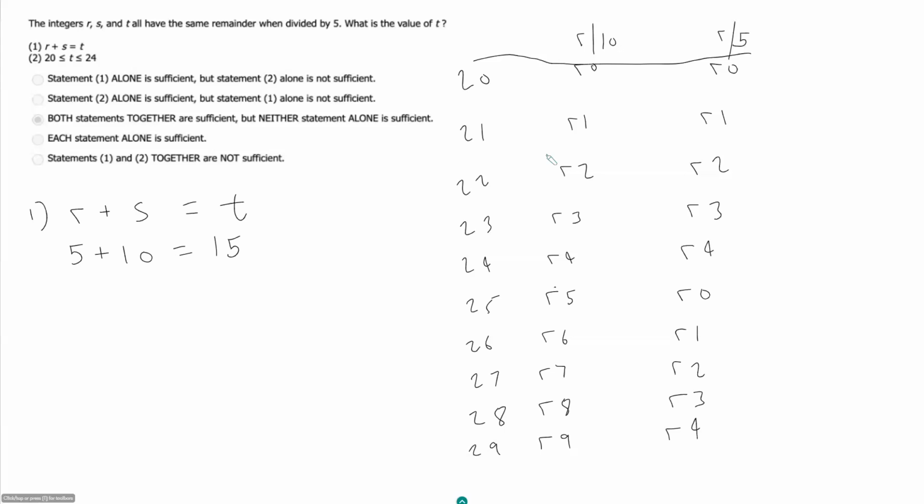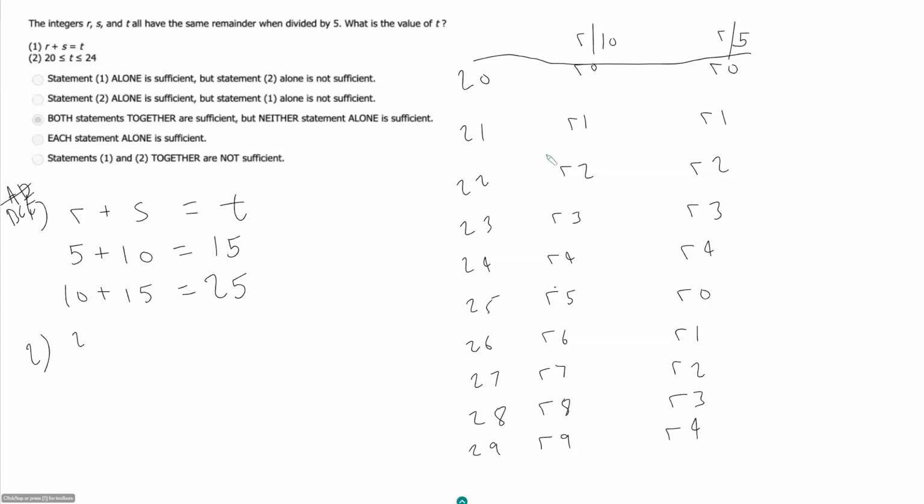But then let's say r is 10 and s is 15. Then t is 25. So this also checks out because we got all remainders of 0. But we got 2 possible values for t, so this is insufficient. Statement 2 says t is between 20 and 24 inclusive.